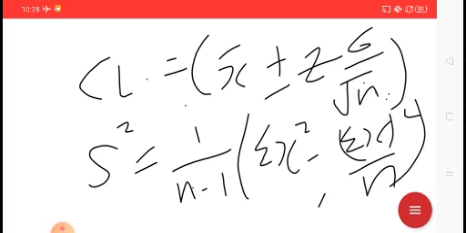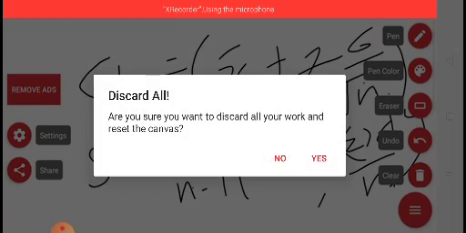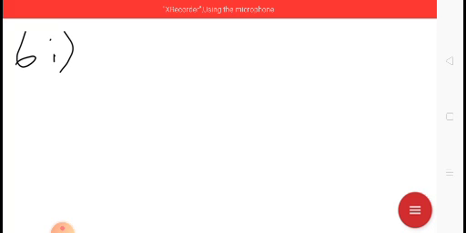Question 6. Give a reason why, in carrying out a statistical investigation, a sample rather than a complete population may be used. Why do you need to use a sample? The basic answer is that using a sample is less time consuming. Any others?